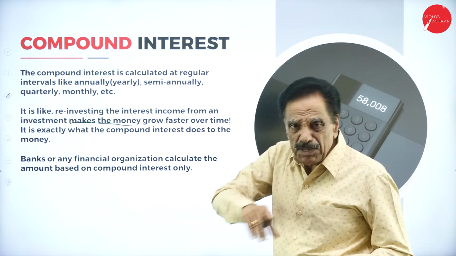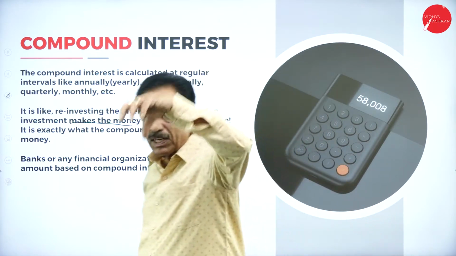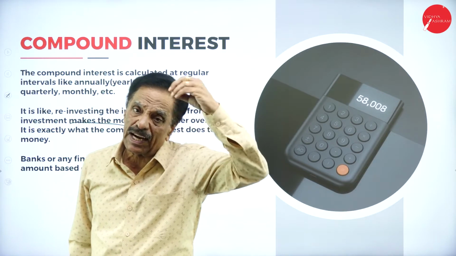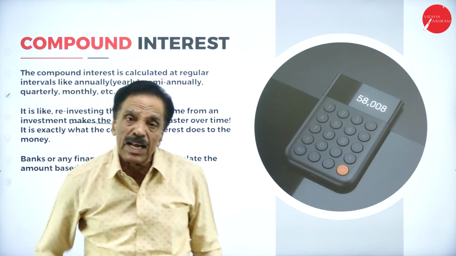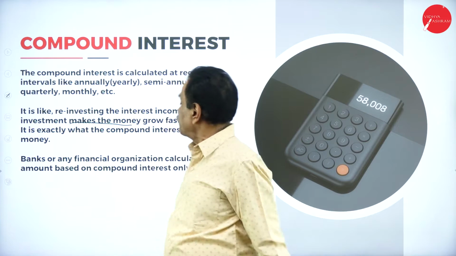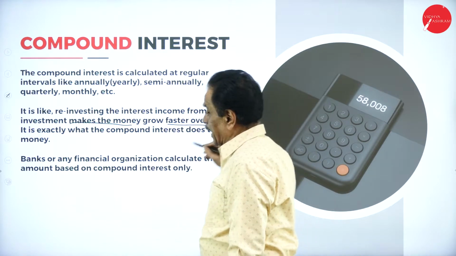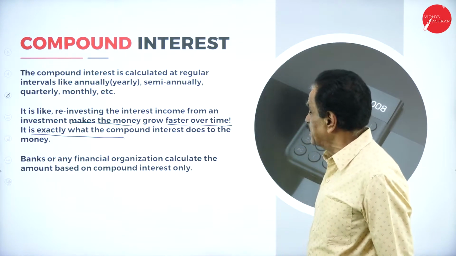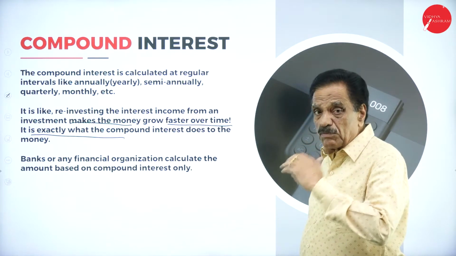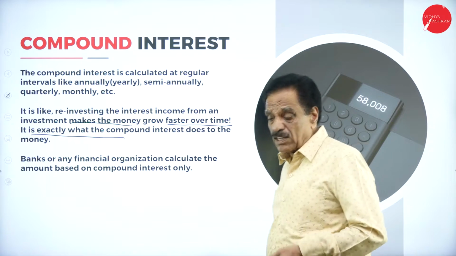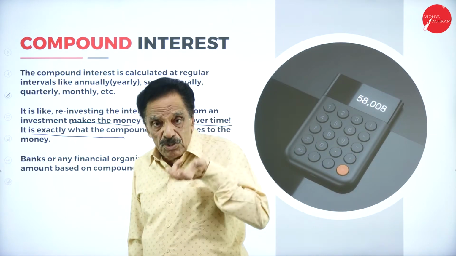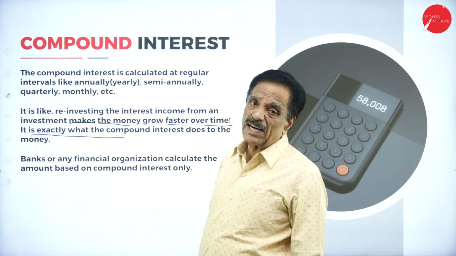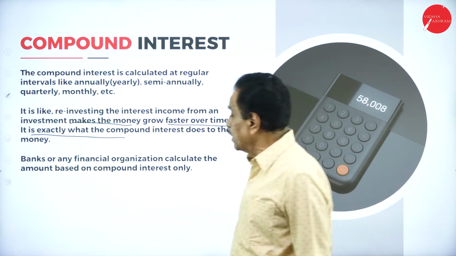If you invest 1 lakh rupees and get 1 lakh 10,000, next year we invest 1 lakh 10,000, and it moves on. Your money will be accumulated such that you can imagine how much you get in 10 years because it is compounded.